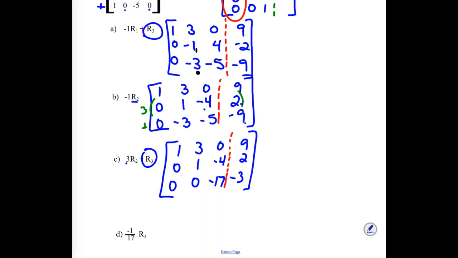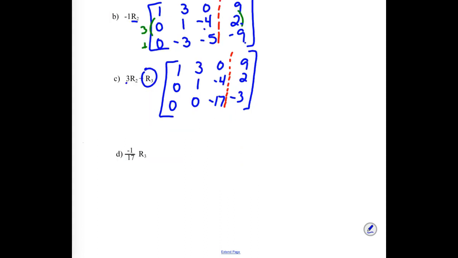Okay? Is my second column done? Yes. The last thing I have to do is that -17 in the last row has to be turned into a 1. I can multiply by -1/17 to row 3 and turn that into a 1.